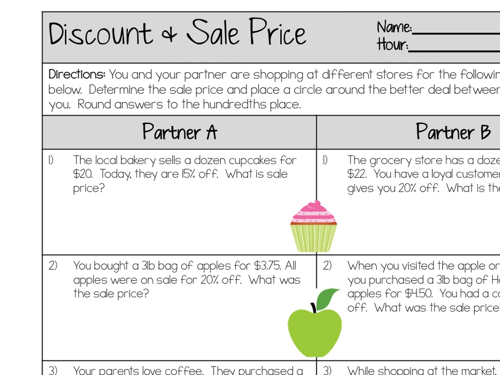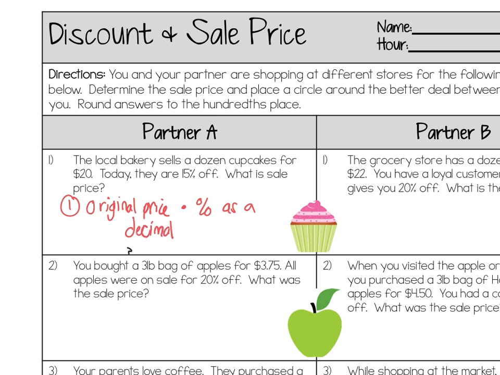But there is a way that you can figure out the sale price of something either in your head or using your calculator on your phone, okay, before you even get to the register. And this is how you would do it. So your first step in solving these problems is going to be to take your original price and multiply it by your percent as a decimal, okay?